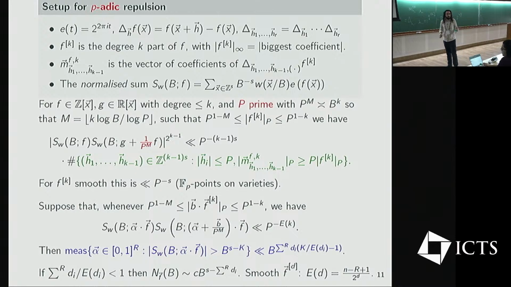The bound you get might not be very good. Whereas if you want to count the number of solutions to a congruence mod p, we know how to do this. You pick up a textbook and you use standard bounds for the number of points on a variety over F_p. And so this is the reason that p-adic repulsion is better. It's because the auxiliary counting problem that you need to handle is just counting solutions to a congruence mod p.